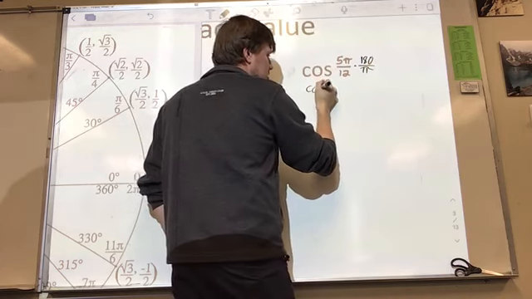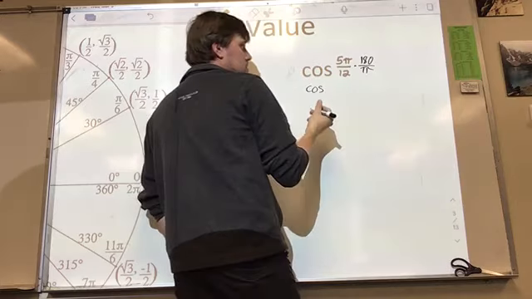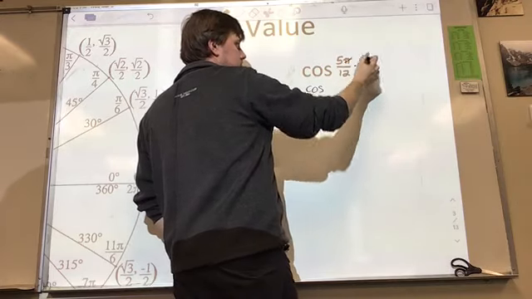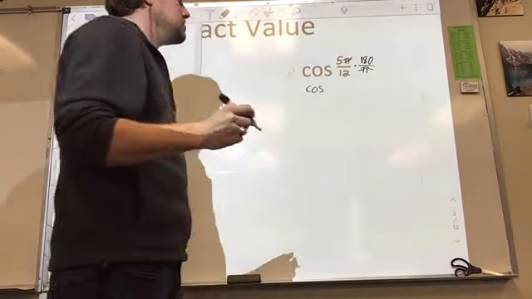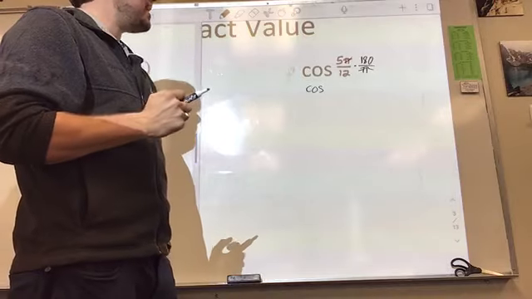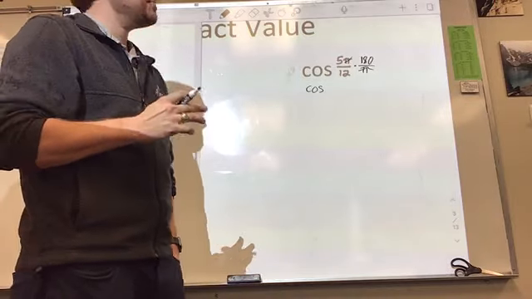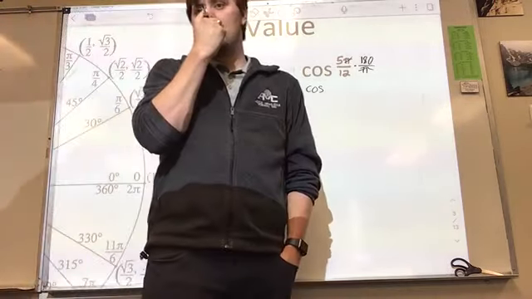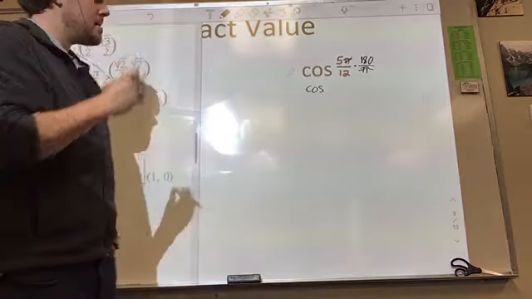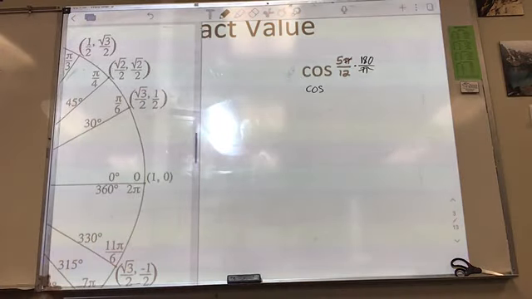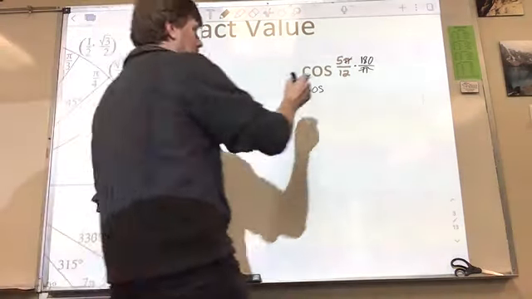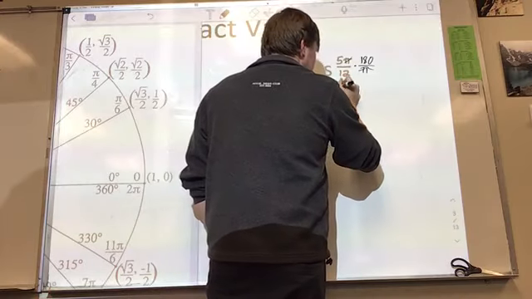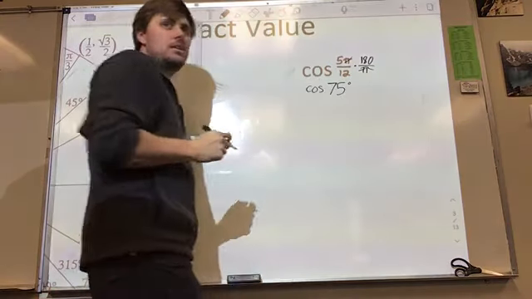So that's now cosine of what? My pi's cancel. What's that? 5 times 180 divided by 12. 75? Okay, so is 75 degrees on my unit circle?